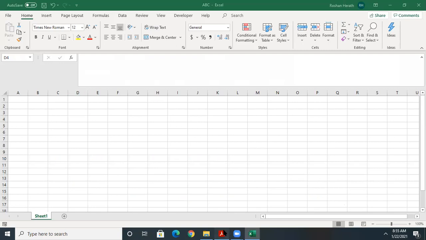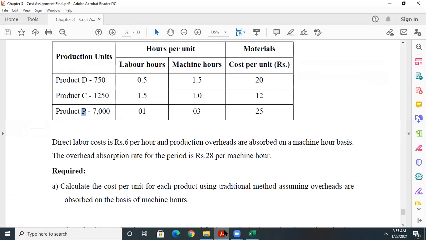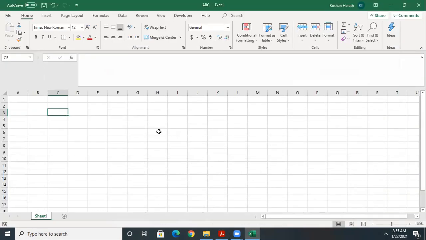So let us take the information relating to the three products. You have D, C, and P. Those are the three products that you are manufacturing at the moment.